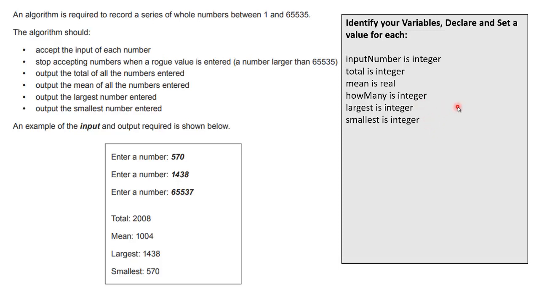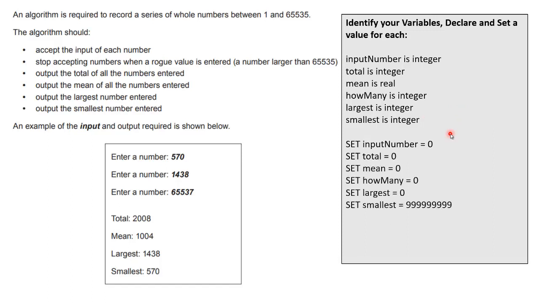We also need to initialize these, which means that we need to set them as something. Now, you'll notice that all of them, apart from one, surprisingly maybe to some of you, the smallest is set as a large number, but I'll explain why that is later on. But the rest are just set to 0. Now, to get the mark, you don't actually need to do all of these.